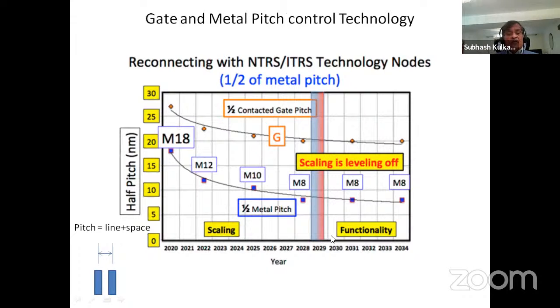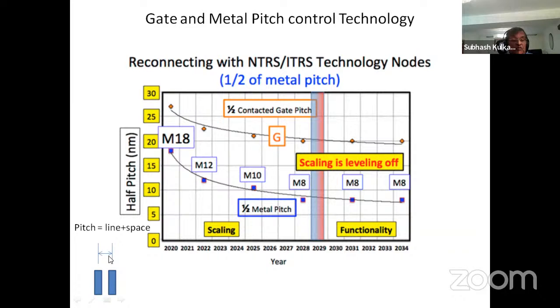Why we need this development is basically shown on this chart. There are two critical lines that are followed. One is the gate pitch. Gate is where the transistor is built, and this is half gate pitch. Pitch is, if you have a line and a space, the center to center distance.